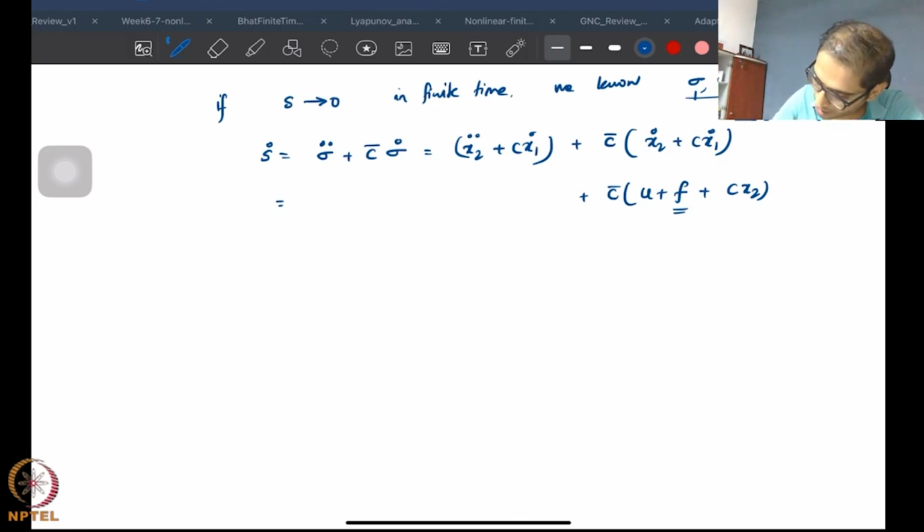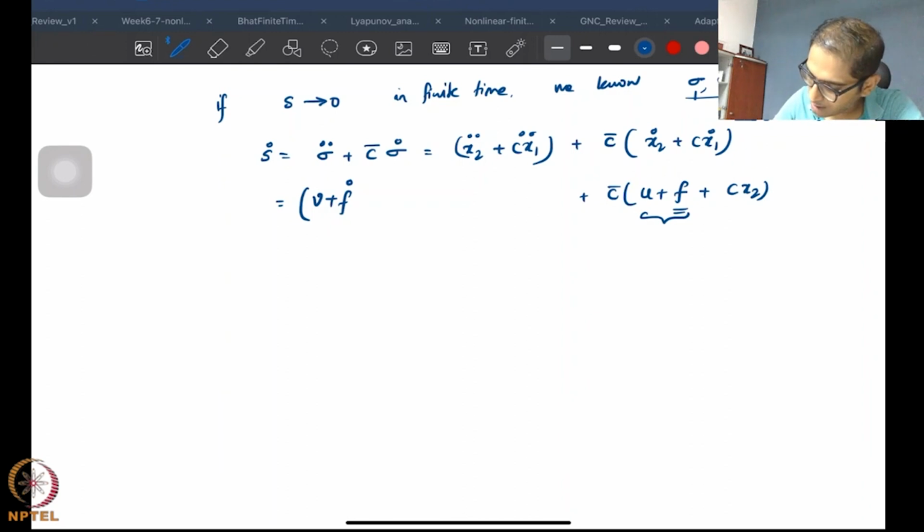And now this quantity will be x2 double dot, which is u dot v plus f dot, the derivative of this, right? Because we have prescribed the dynamics of u now, so u dot is v and f dot is just written as it is. So that is x2 double dot.